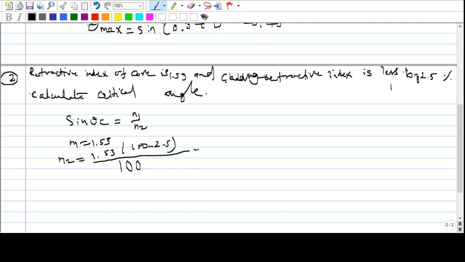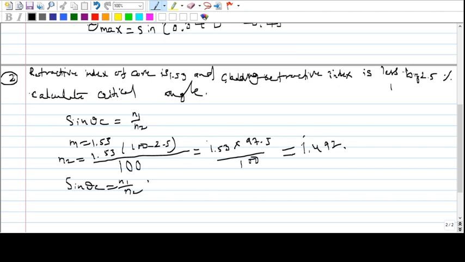That is 1.53 into 97.5 divided by 100. The value is 1.492.